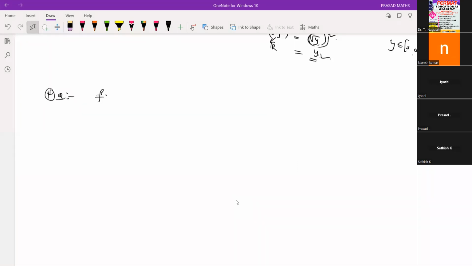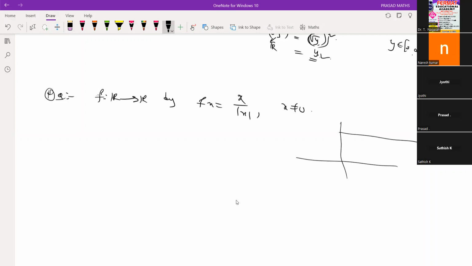Suppose you take a function, like a signum function. Is it a bijection? No, sir. It's not one-one. For positive x you are going to get image 1, for negative x you're going to get -1.